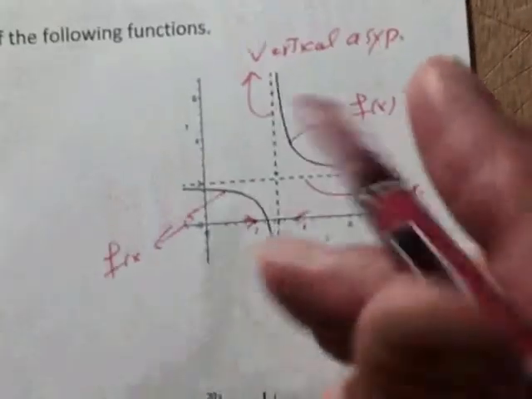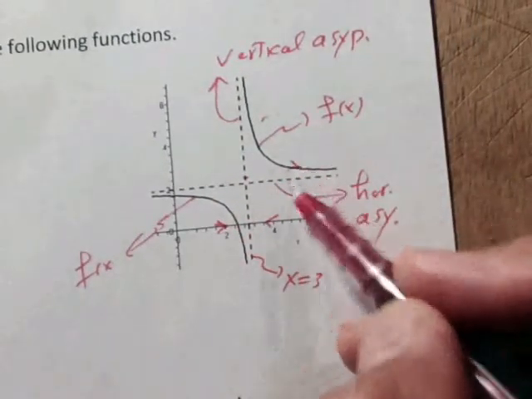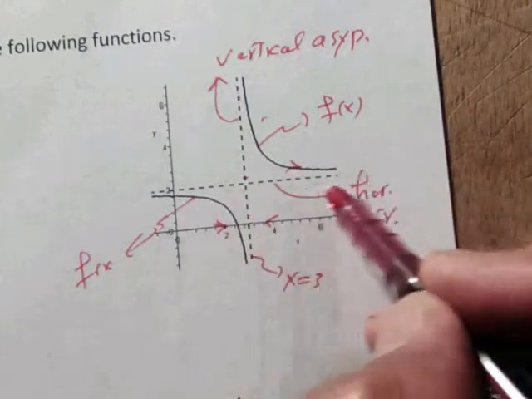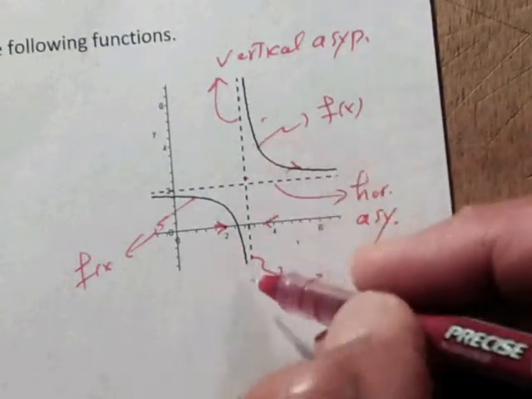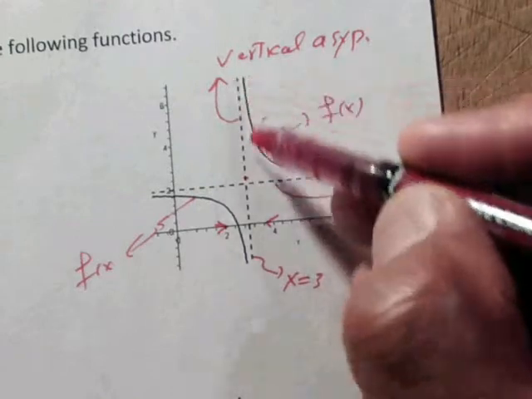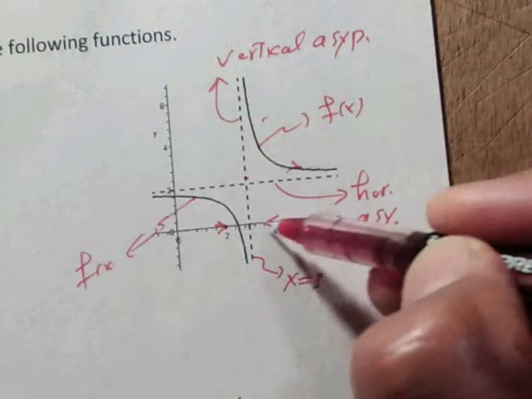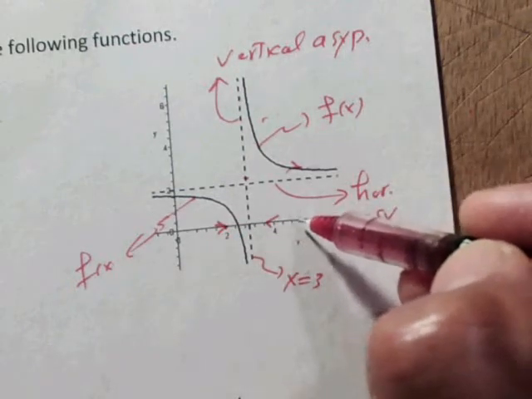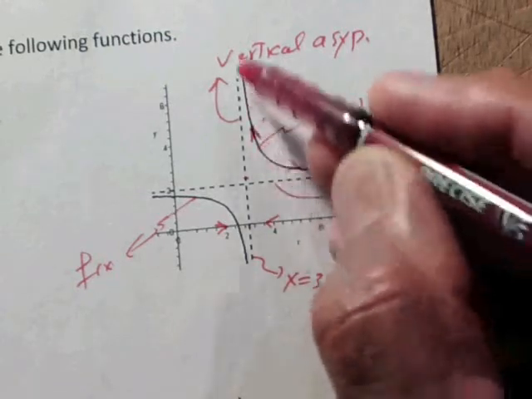Okay. This next example has a horizontal and a vertical. If x goes to infinity, your graph becomes horizontal, like this horizontal asymptote. This vertical line is at 3, the line x equal to 3. If x goes to 3 from the right side, your graph shoots to infinity.